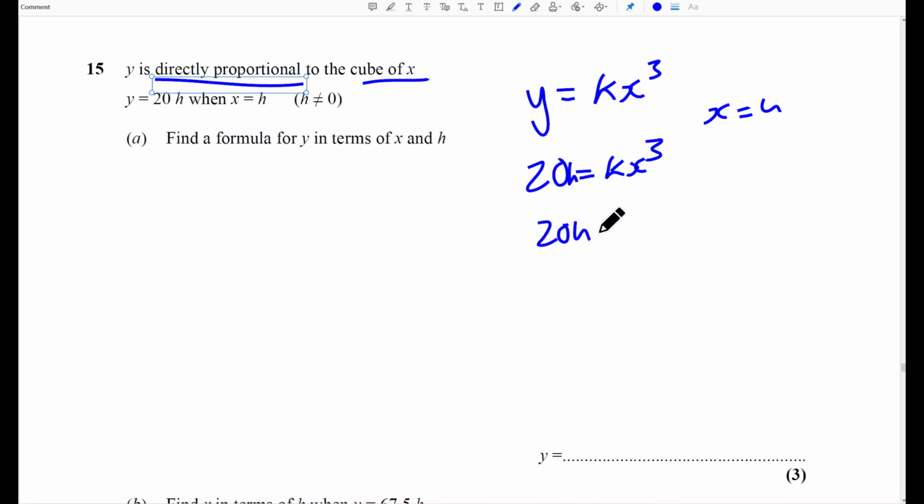So 20h is going to equal kh cubed. Not a big deal. We can cancel out. Divide by h cubed to find out k. So we're going to get 20 over h squared equals k.